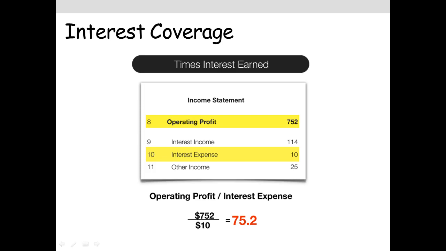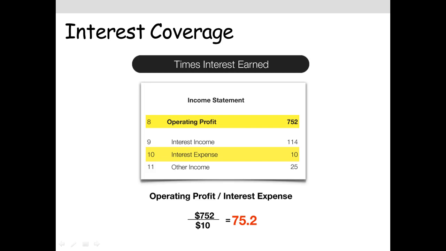Interest coverage equals operating profit divided by interest expenses, so 752 divided by 10 equals 75.2. This is extremely healthy.